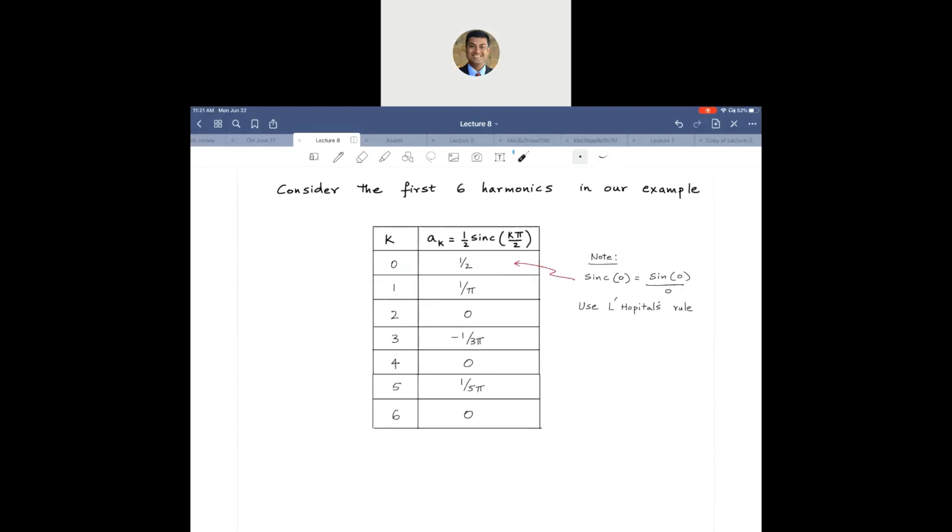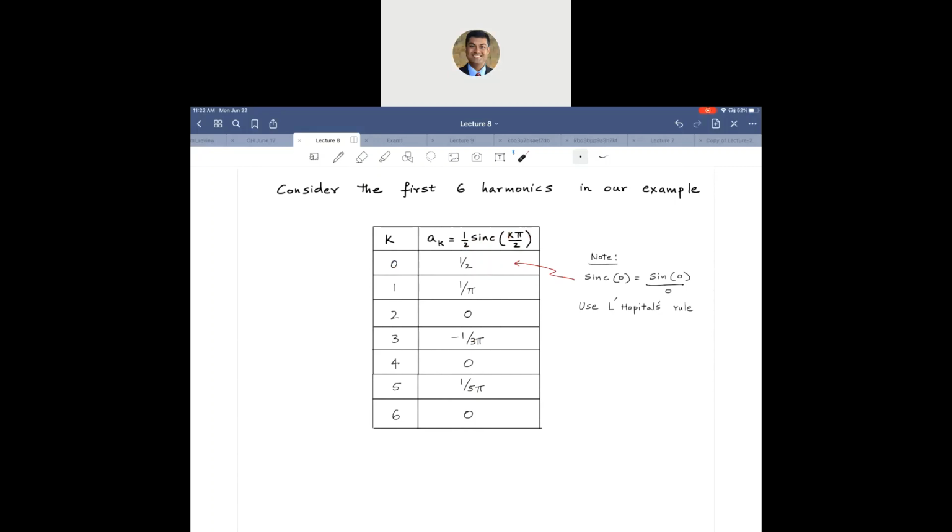Next, we looked at the first 6 harmonics of the pulse train and we laid them out. We said, okay, this is the k on the left column, which is the index corresponding to the kth harmonic, and on the right we have ak, which is half sinc k pi over 2. When k was 0, it was half.